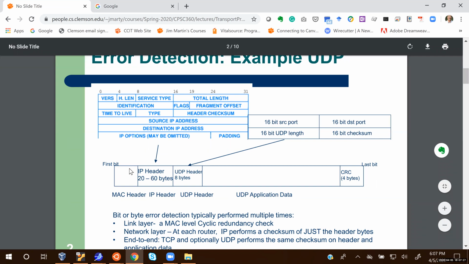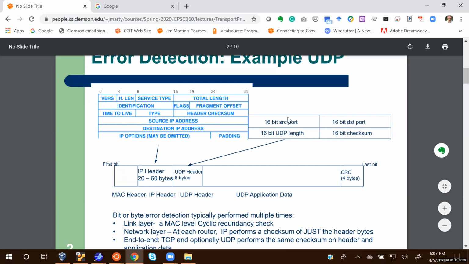If we were to look at the MAC frame perhaps coming out of the link layer from the host that is sending the message, we would see the MAC header and then the payload, which would be the IP datagram. And we're identifying or looking at the IP header, and we'll look at that later in about a week.